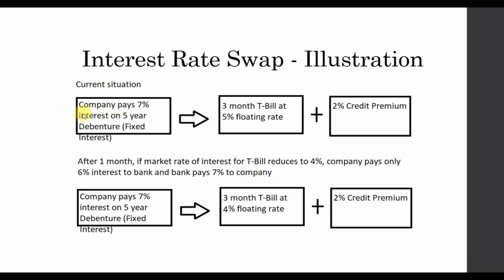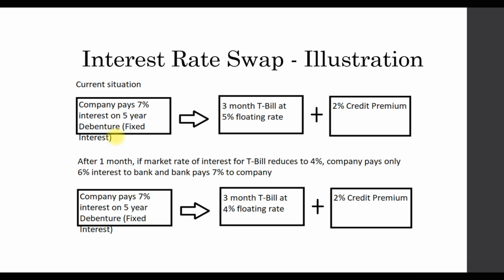That is the current situation. The company would like to take advantage of the falling interest rate. How can the company do it? With the help of an interest rate swap.